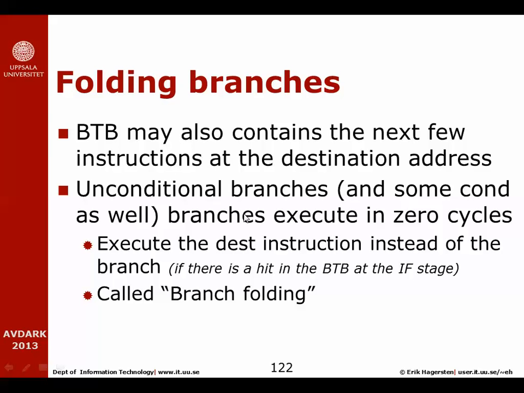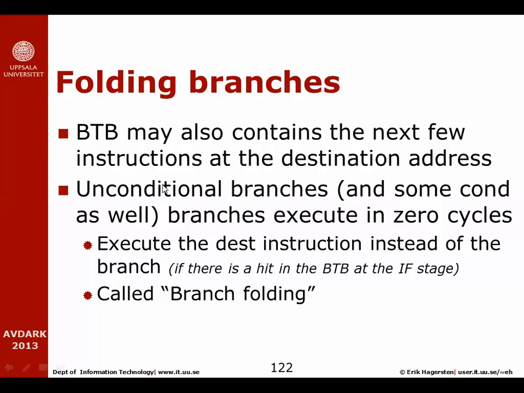Another trick that you can play is what's called folding branches. So far, we talked about conditional branches, figuring out the outcome of them and also where they're going. But you can also store unconditional branches in the branch target buffer. For an unconditional branch, of course, you store the target address. So you know which instructions to execute next.